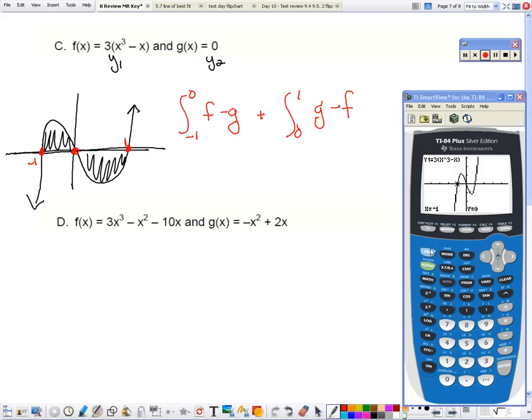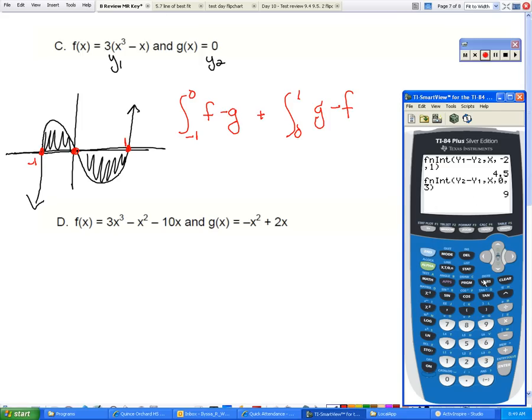We can do that in our calculator as two separate integrals. So f is in y1.